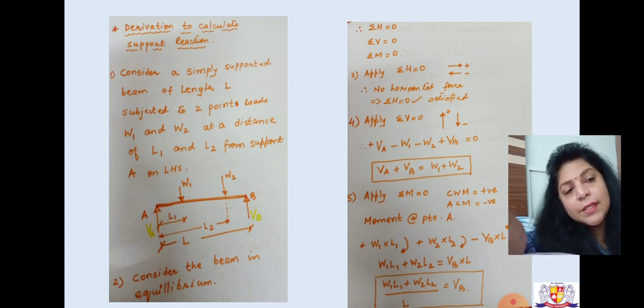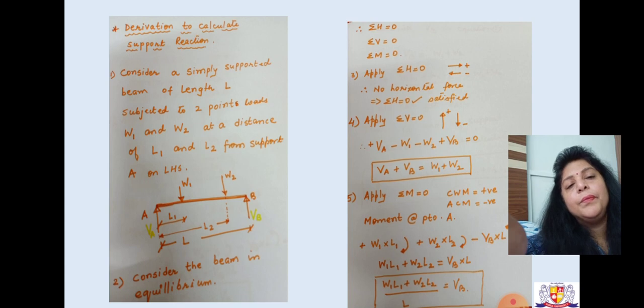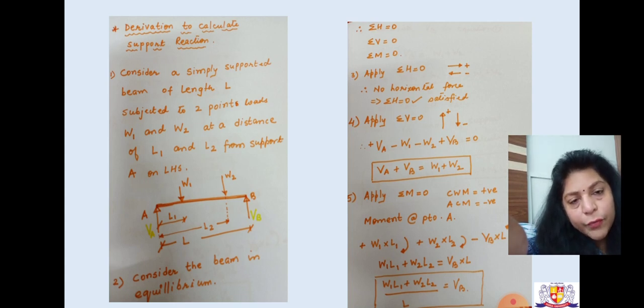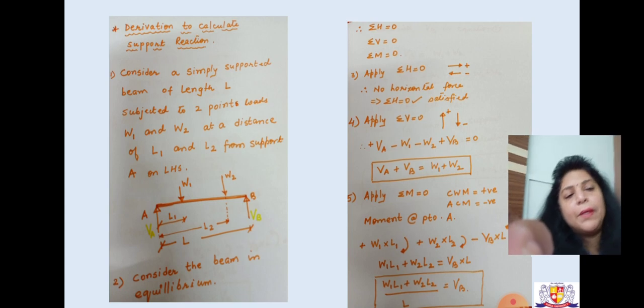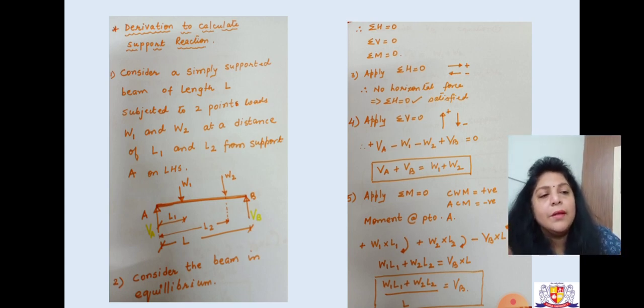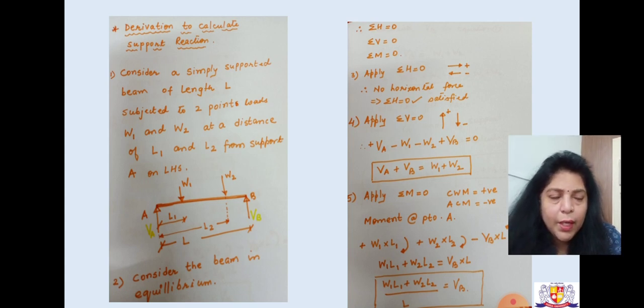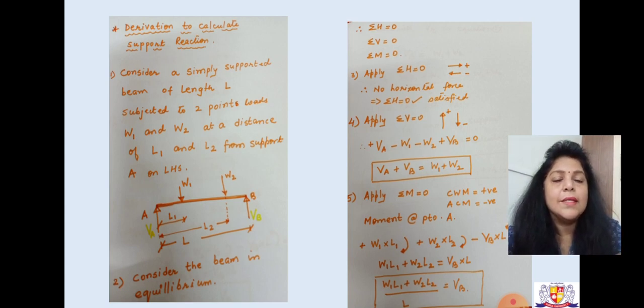We have considered a simply supported beam of length L, and it is subjected to two point loads of intensity W1 and W2 kilonewton, which are acting at a distance of L1 from support A and at a distance of L2 from support B. You can also see in the diagram that the distance between both the supports, support A and support B, is L.